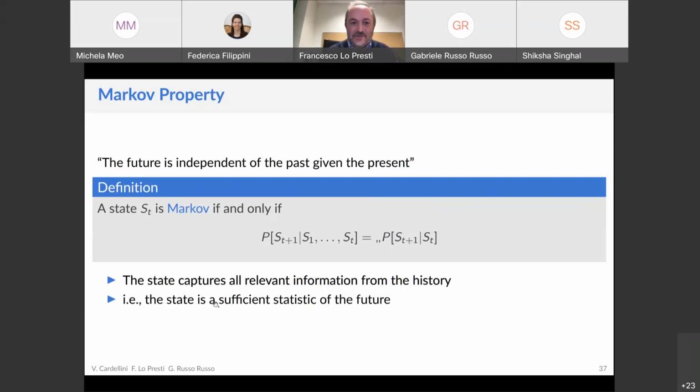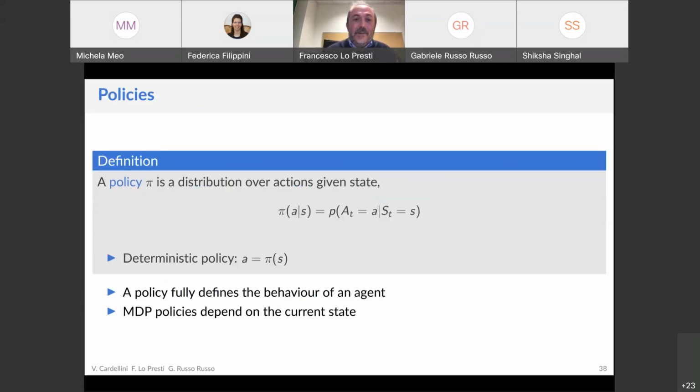A policy in this setting is the same as I said before for reinforcement learning, a distribution over actions given a state. So in a more general setting, in a given state, I have a probability of taking some particular action. In the deterministic case, which is the one we will talk about today, an action is just a function of a state.